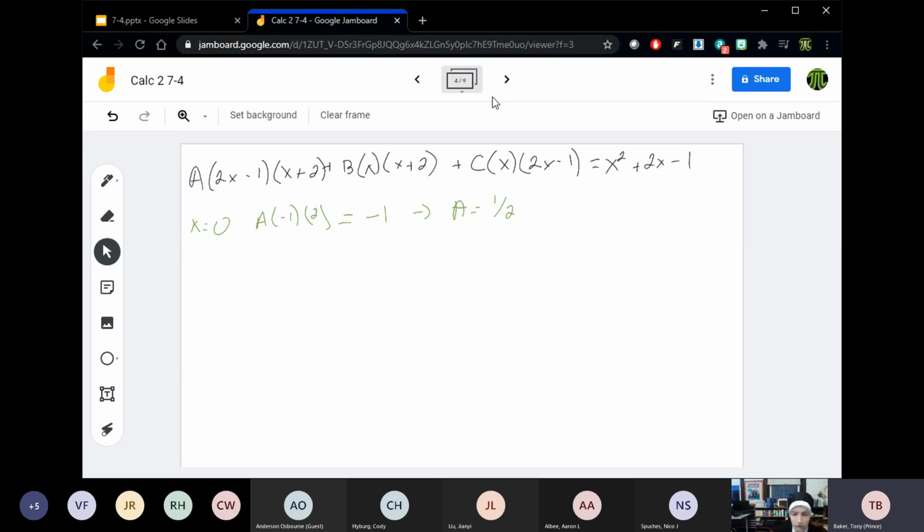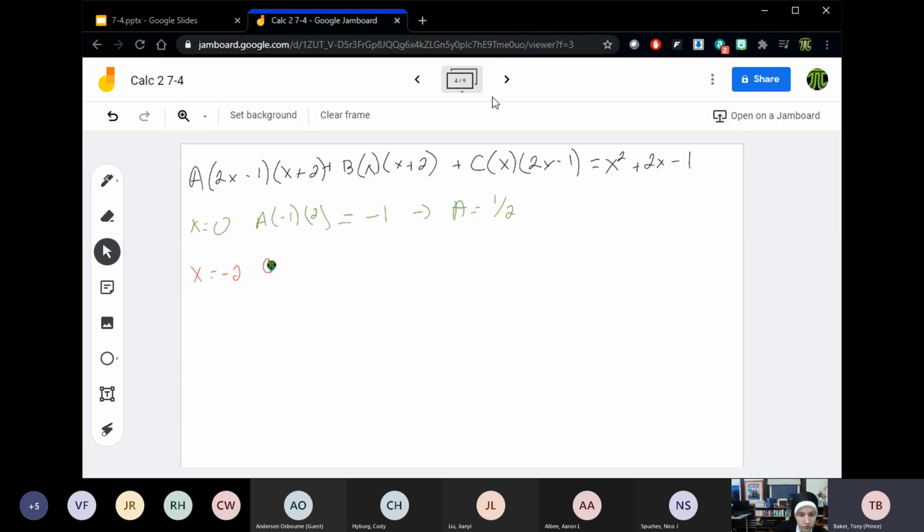The next one I'm going to plug in is x equals negative 2. If I plug in negative 2 to all the x's, that term becomes 0, so that's all gone, and that one becomes 0, so that's all gone. But the c is not.